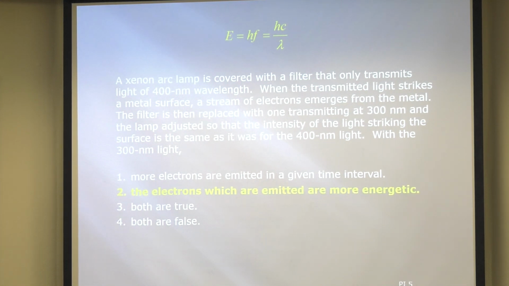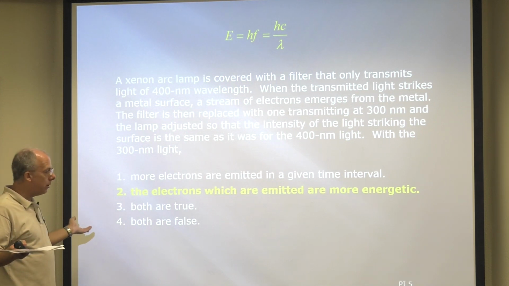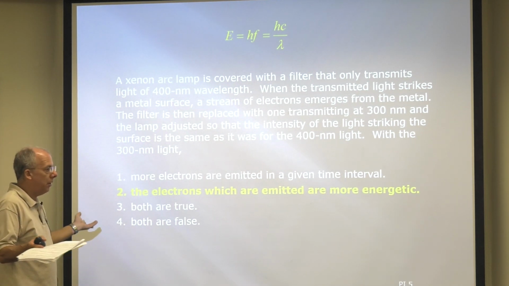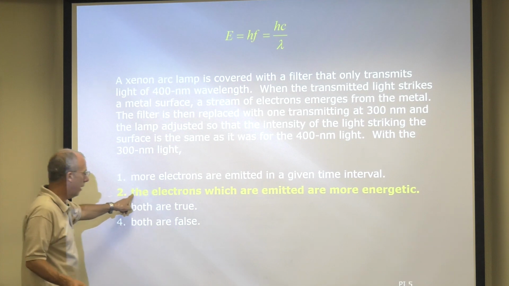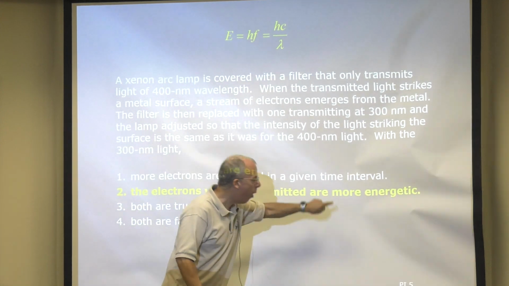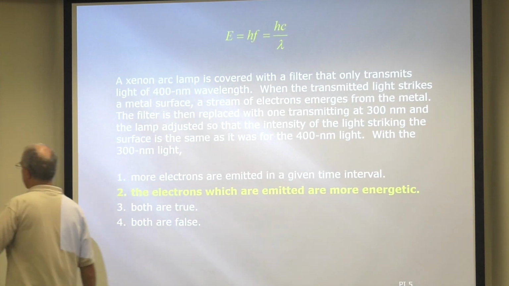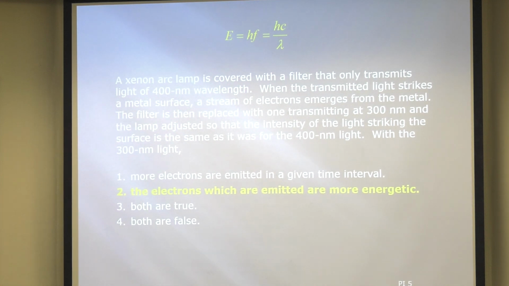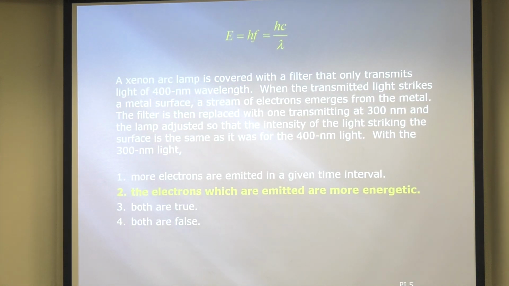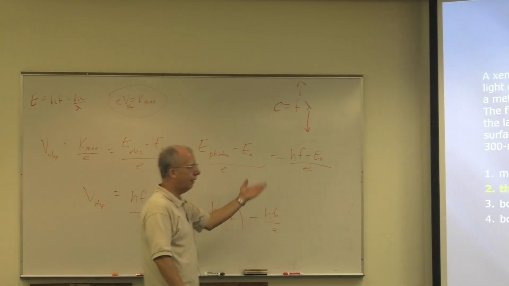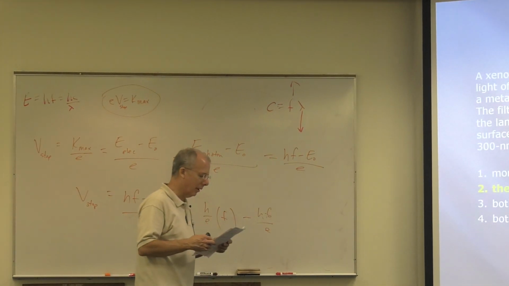Okay, we're not going to get more electrons because we didn't increase the intensity, but the electrons that are emitted are going to have more energy, because we increased the energy of the light. So V stop is going to increase. Okay, that should make pretty good sense.